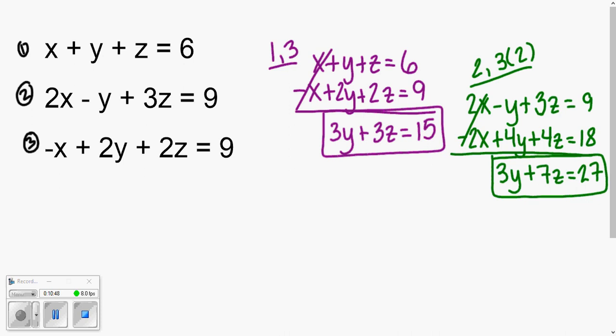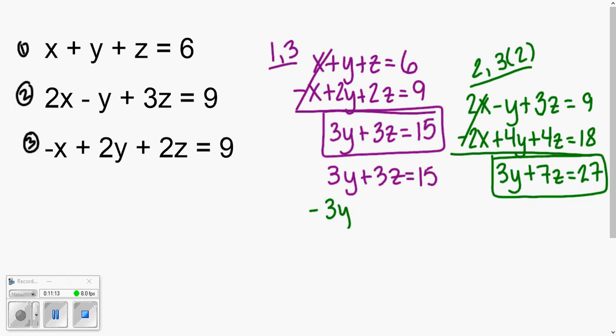All right, you'll notice, and this should be the case if you did the first step correctly, that the two equations you get from eliminating should have the same variables. So you can eliminate those next. I'm going to keep the purple equation as is, but see, in my head I was working ahead, I'm sorry. But then I'm going to change the green equation by multiplying by a negative 1.